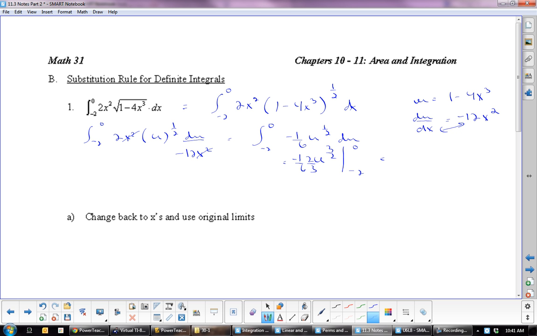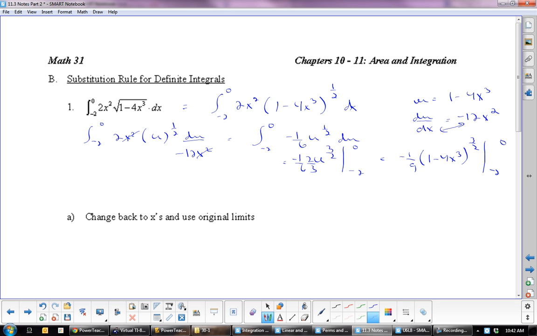And this equals negative 2 over 18, which is negative 1/9. We can substitute the u in, which is 1 minus 4x cubed, all to the 3 over 2. And we don't have to put the plus c, and then that is negative 2 to 0.